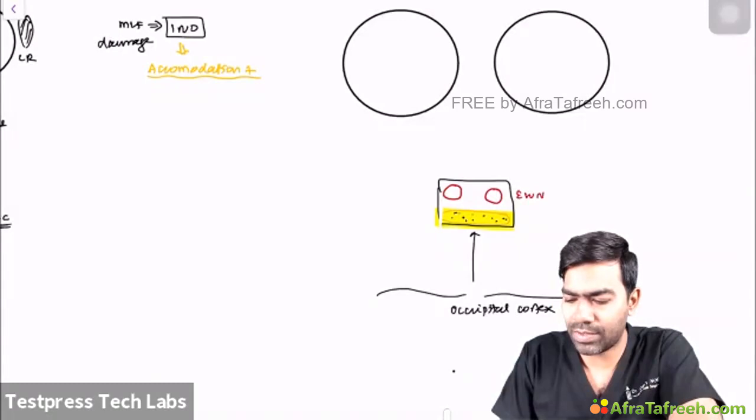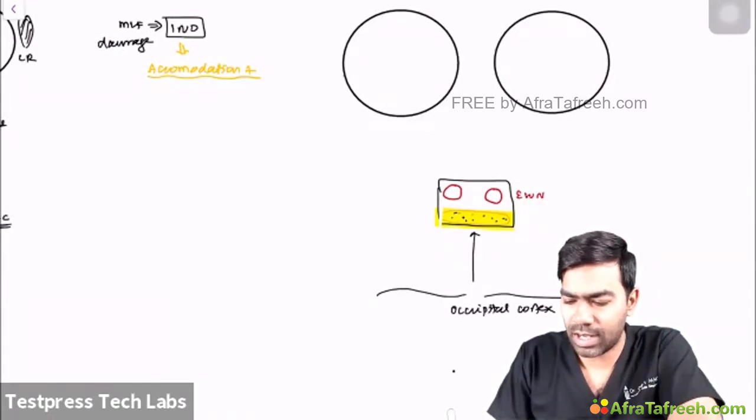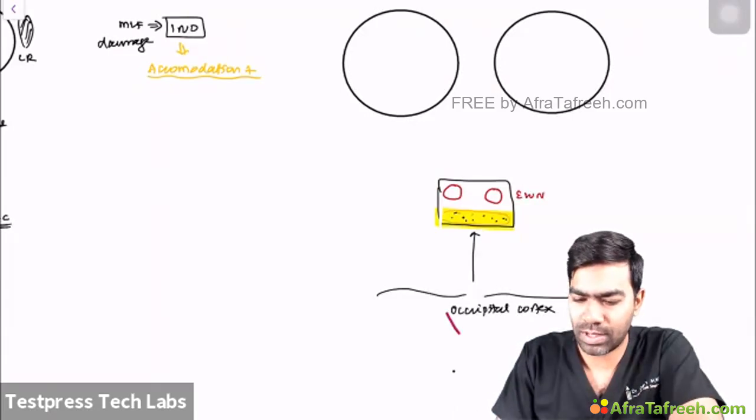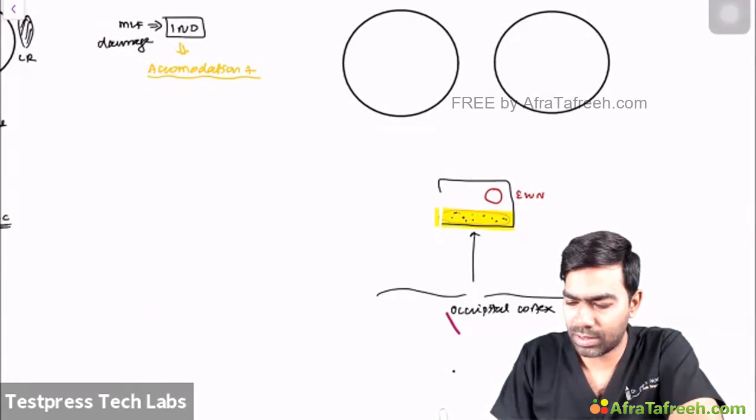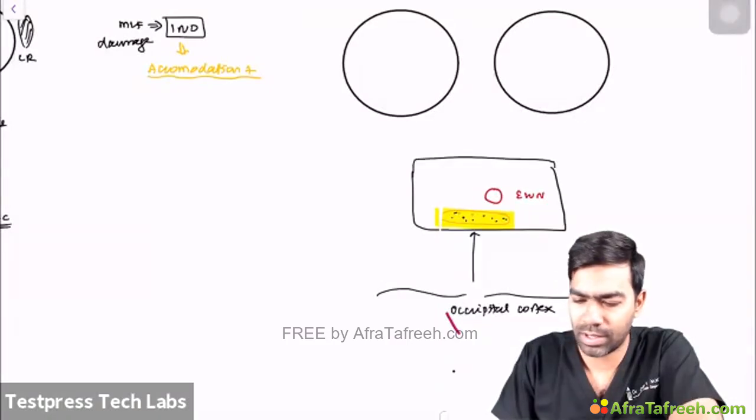So you have an Edinger-Westphal nucleus, which I can show in red like this. And you have an oculomotor nucleus also. I think I have to show a bigger box. Okay, let me put a bigger box. Let us assume this is the midbrain.